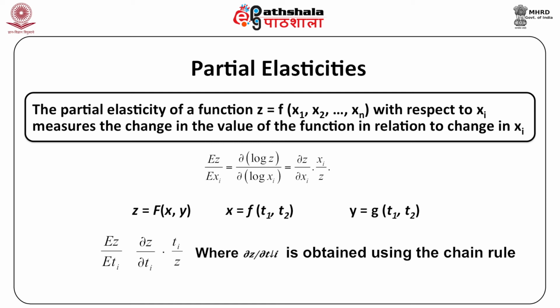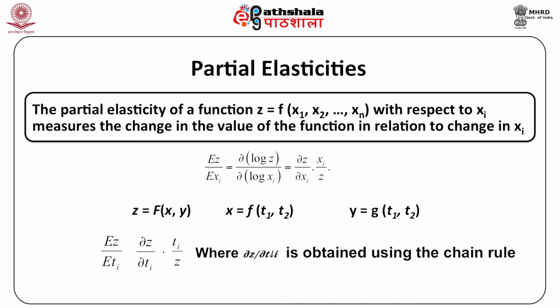A similar formula is applicable in the case of a composite function, that is, x and y are themselves functions of some other variables. Consider z = f(x, y), x = f(t1, t2) and y = g(t1, t2).